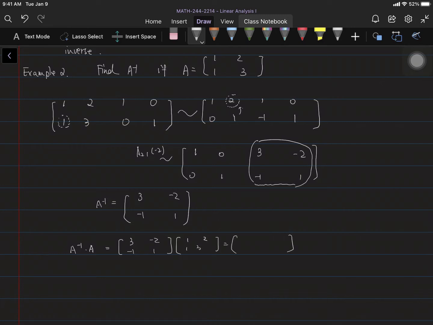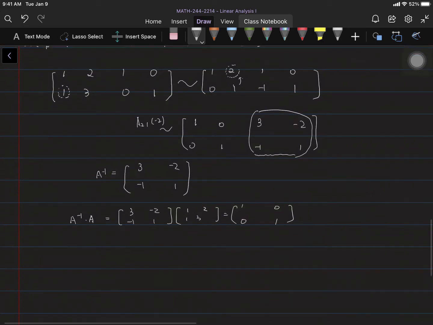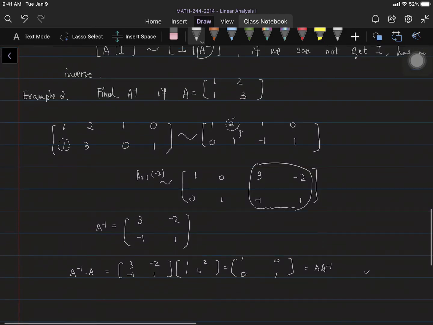So 3 minus 2 is 1, 6 minus 6 is 0, -1 plus 1 is 0, and -2 plus 3 is 1. Usually if the multiplication is identity, that means it's the inverse. It's correct. So this is how we find the inverse matrix.